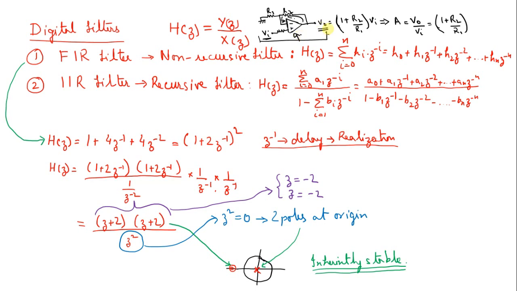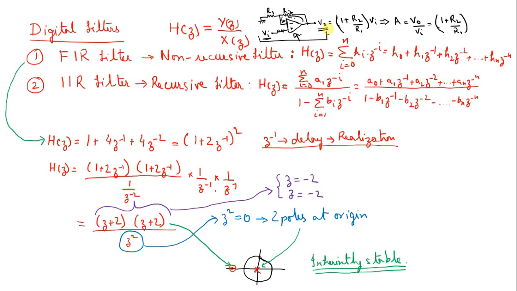That means we are taking the present output and using it to calculate the current output along with the Vin.